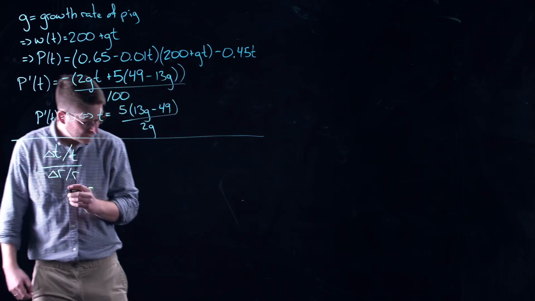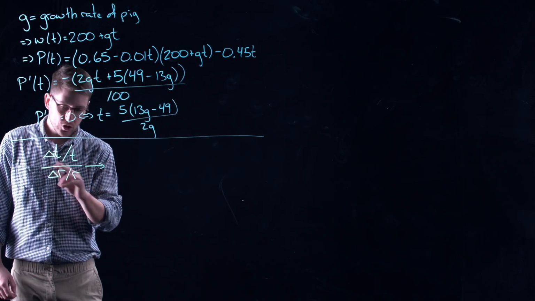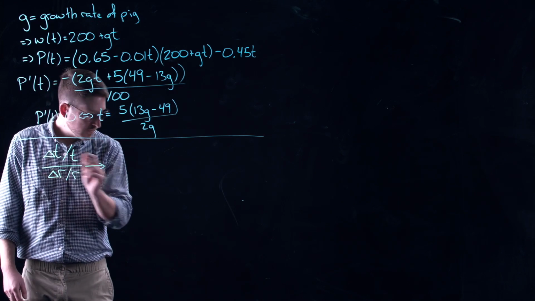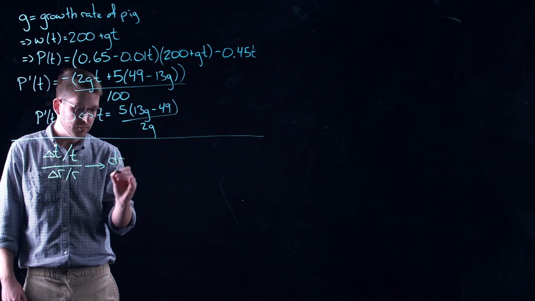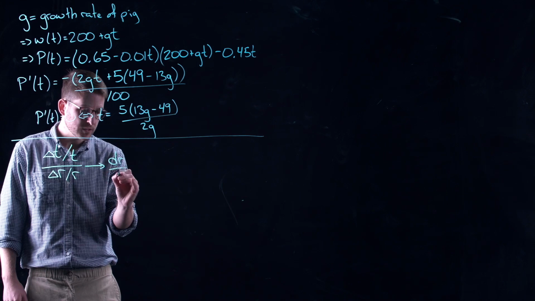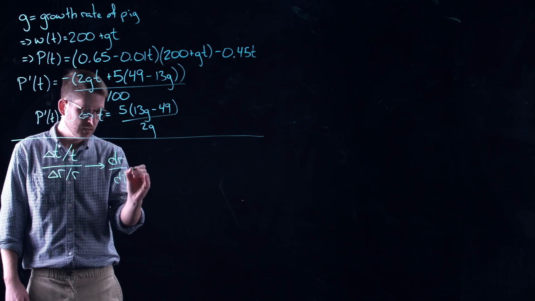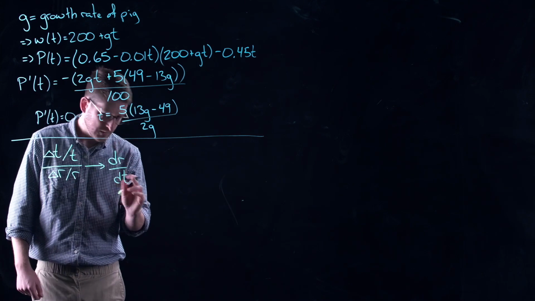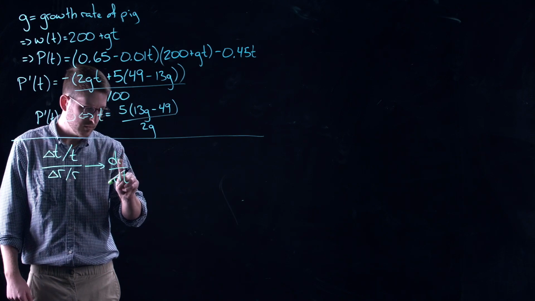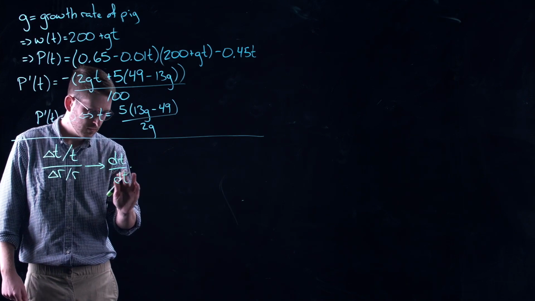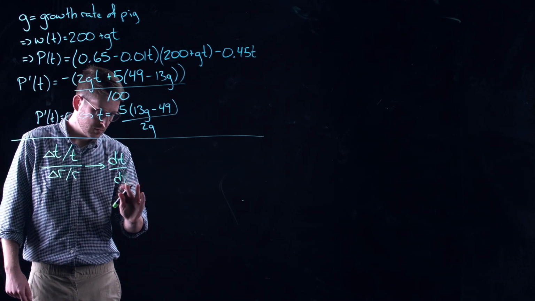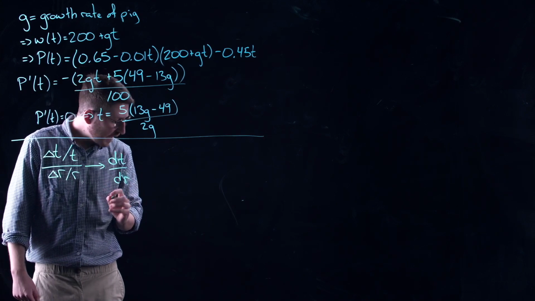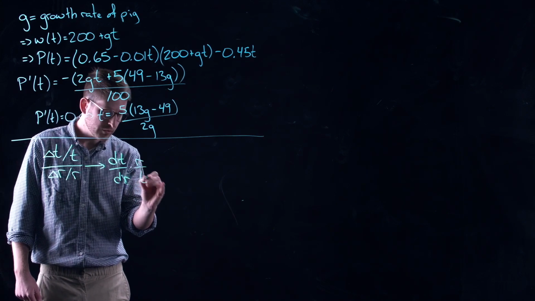So if we let the changes go to 0, this is going to converge to the derivative of t with respect to R times R over t.